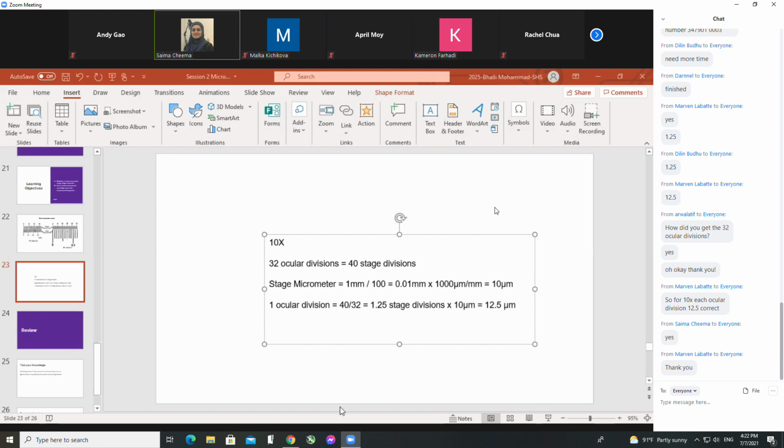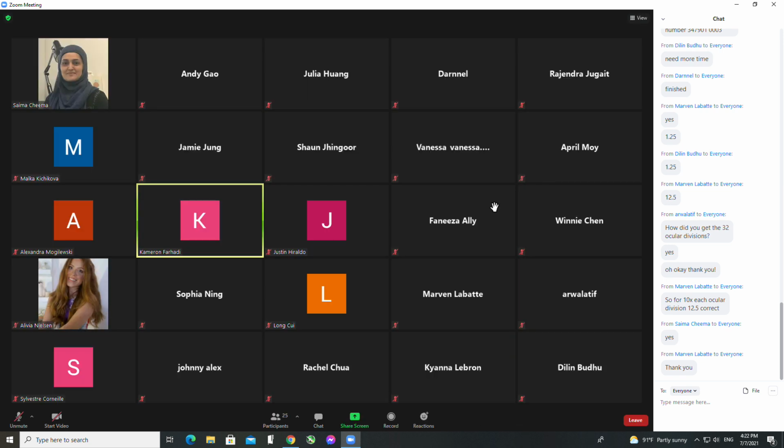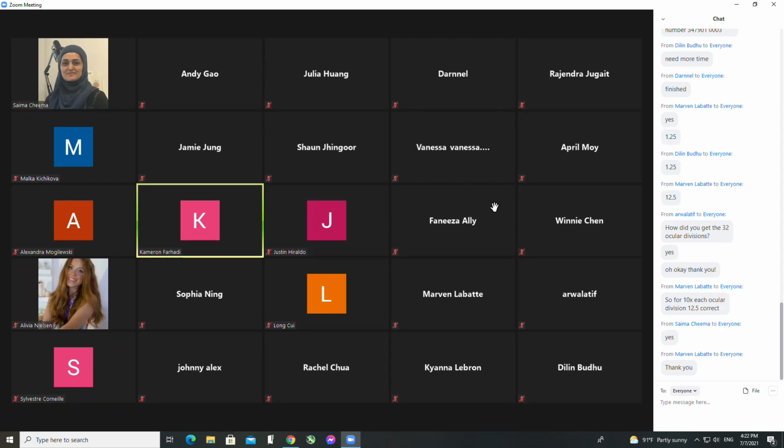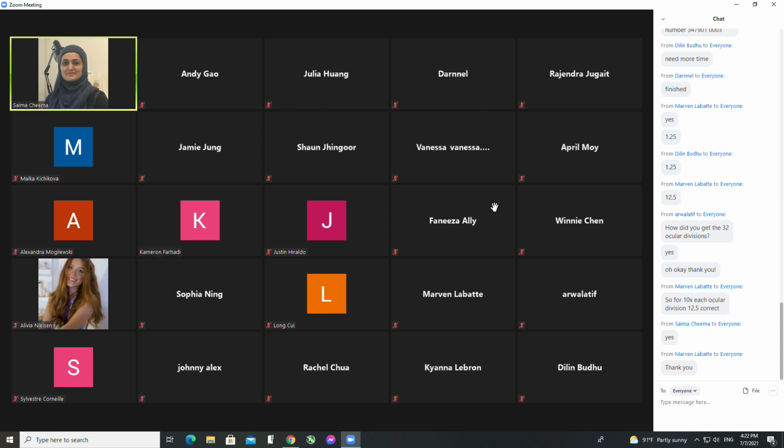I can't line up the lens properly on the simulation, and I tried multiple browsers. I'm having the same issue, so I can't complete the table. Do you want to share your screen? I can try, but my computer tends to lag when I do. Okay, let's try it.